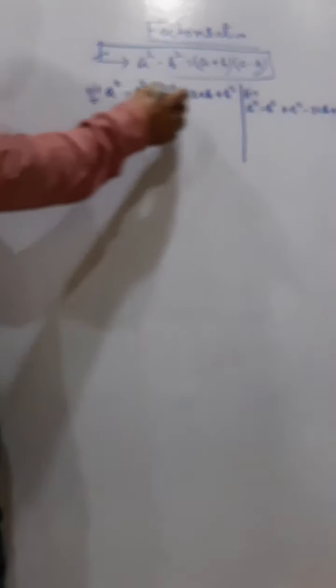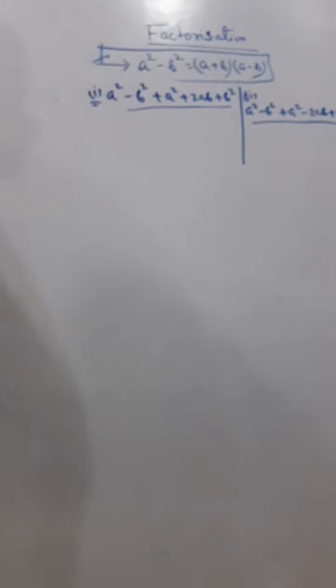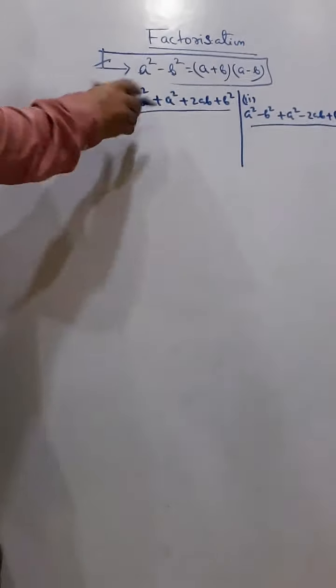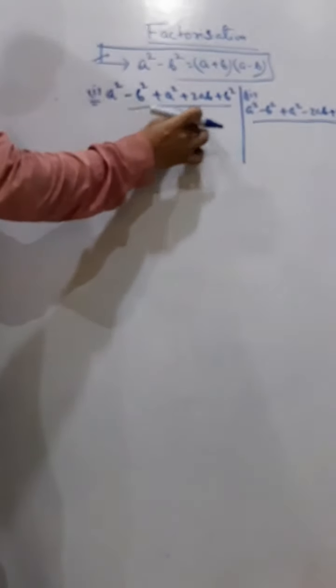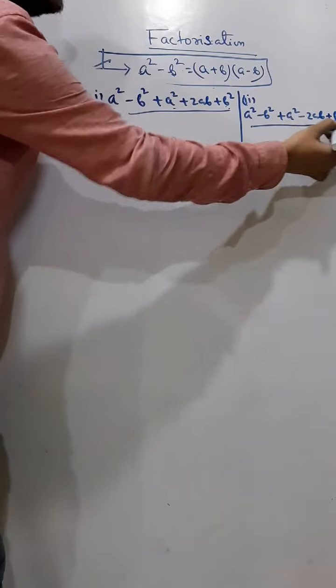So we have to understand this format in the sums. Now you see directly, I am just explaining the two formulas here. They are combined. You can see this is the formula of a plus b whole square, and this is the formula of a minus b whole square.